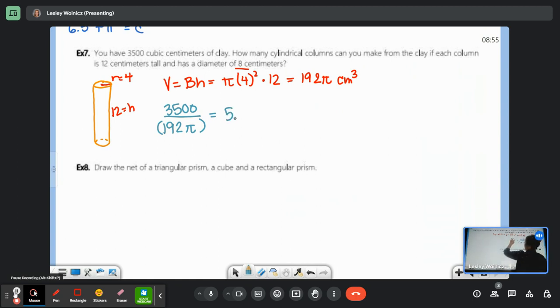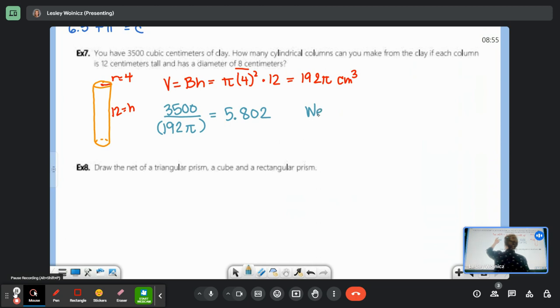Okay, 5 point what? 8 what? 0.02. Okay, to me, I'm interpreting this as how many whole cylindrical columns. So is this a case where we round up to 6 whole ones, or where we just truncate to 5? Okay, we're going to go to 5. Good.